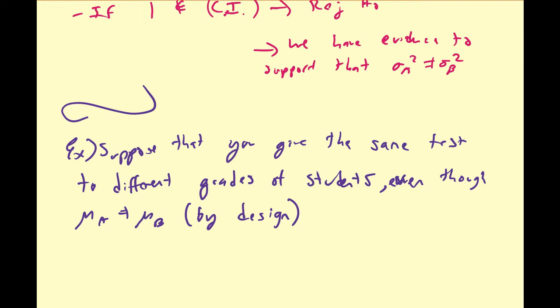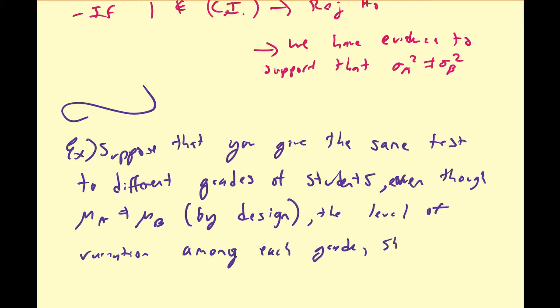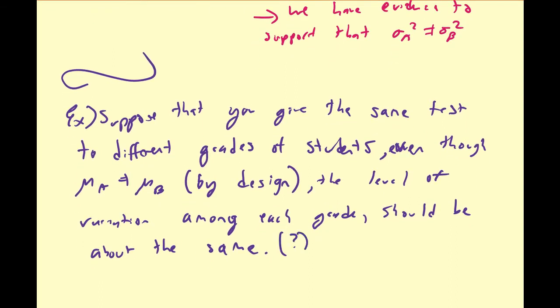You would anticipate that their average score is going to be better in the second grade than the first grade. Even though this is the case, you would expect them to perform relatively similarly to one another within each of their grades, namely the variances of these two. So even though the average is not the same, the level of variation among the grades should be about the same. And maybe you might even put a question mark here because you might not necessarily believe this is true.